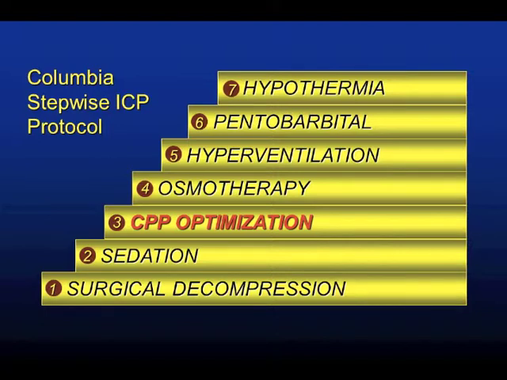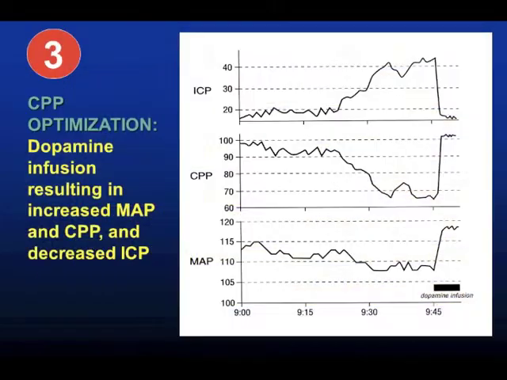CPP optimization, I want to show you an example, and I call this slide, "Look Ma, no mannitol." Like, look Ma, no hands, riding my bicycle. Here's a guy with an intracranial pressure initially about 15 to 20 millimeters of mercury. Everything's great.